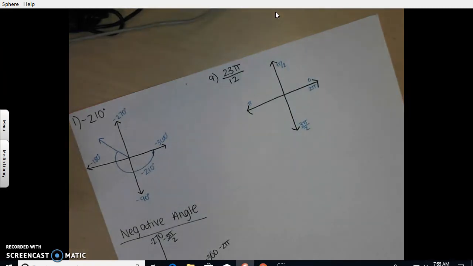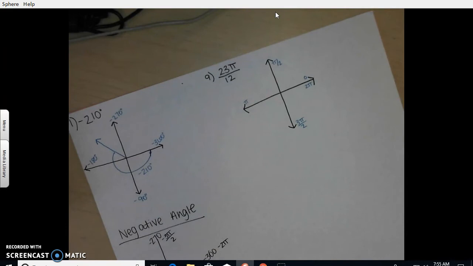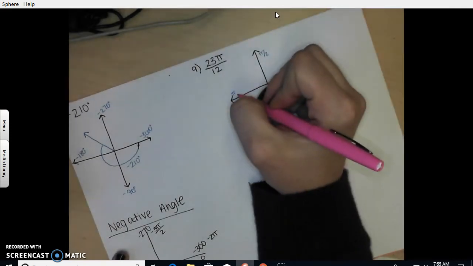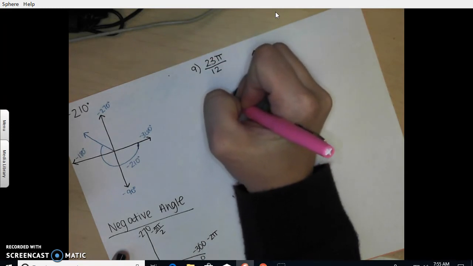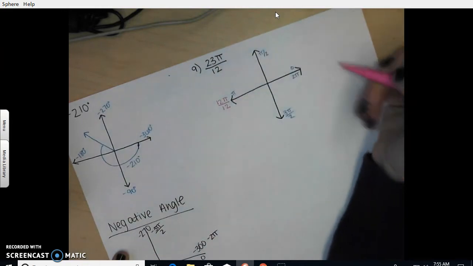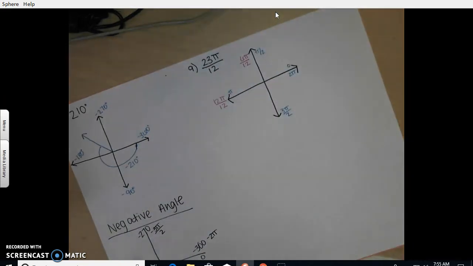But that doesn't help me when I'm talking about 23 pi over 12. So what I'm going to do is make these radian measurements with a common denominator of 12. So in order for me to say 1 pi, I'm going to say 12 pi over 12. Half of that is going to be 6 pi over 12.